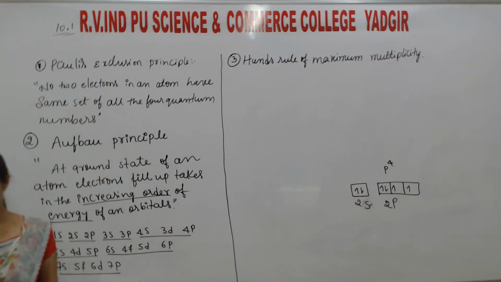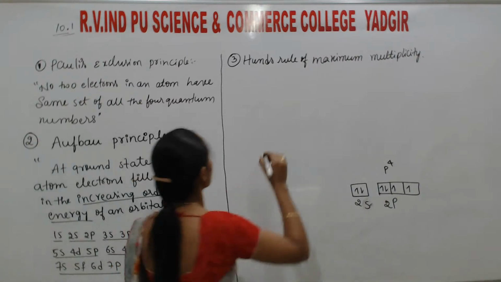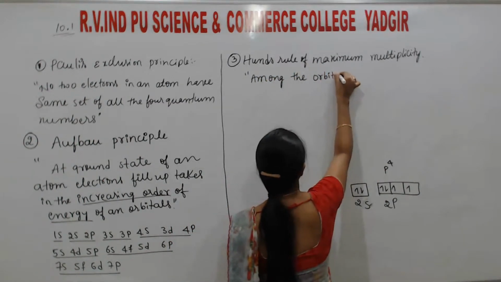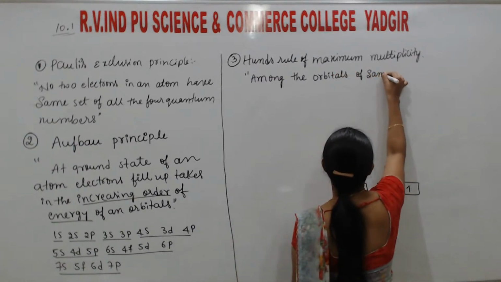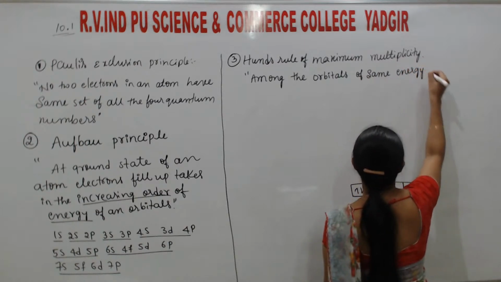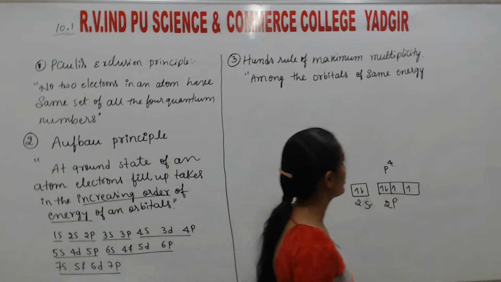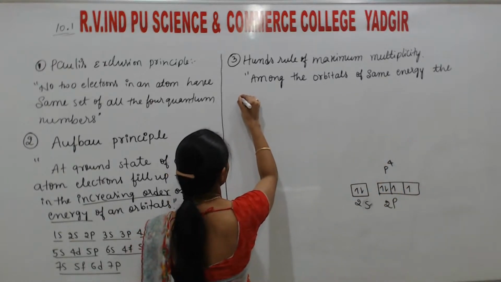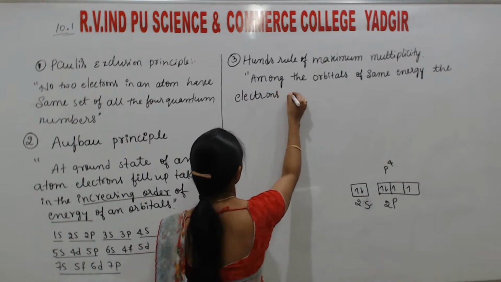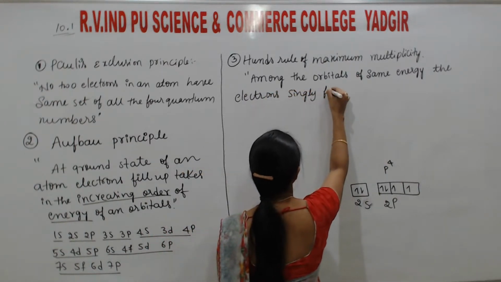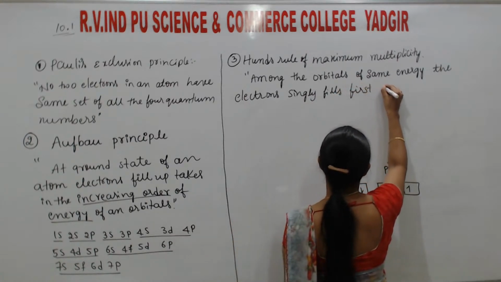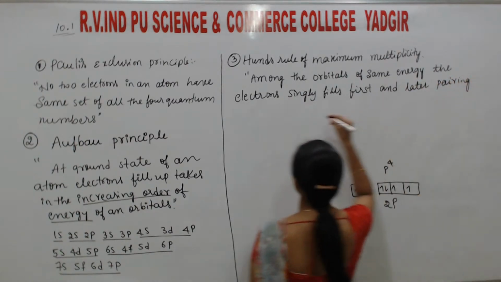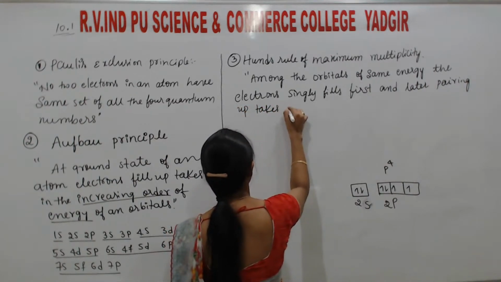Okay? Among the orbitals of the same energy, the electrons singly fill first and later pairing up takes place.